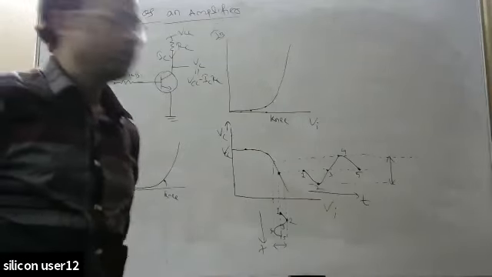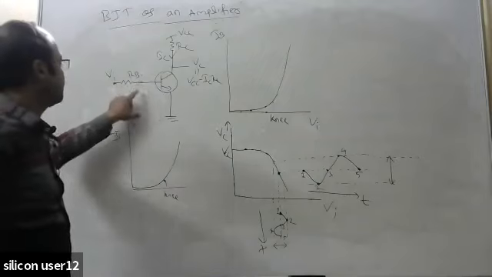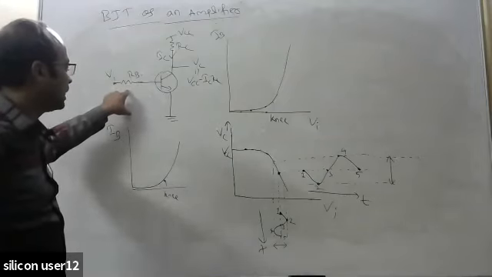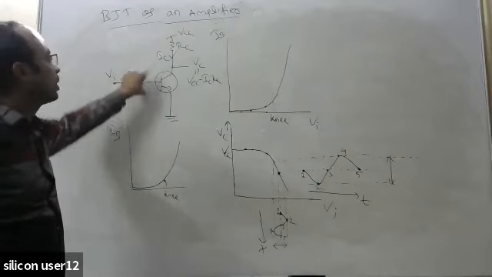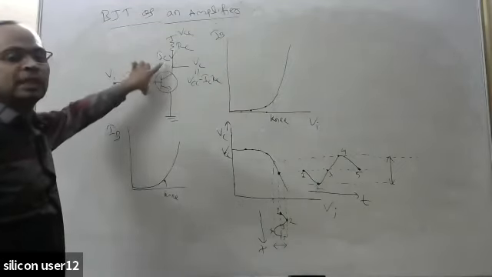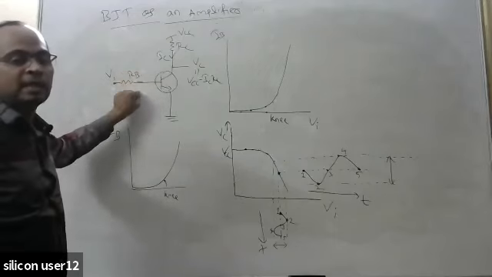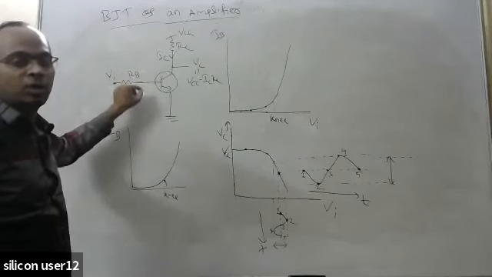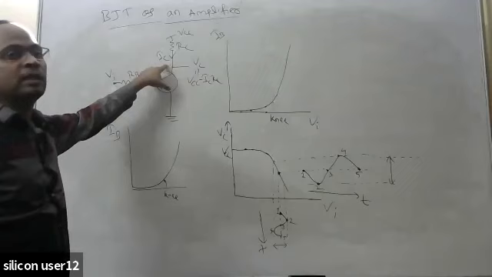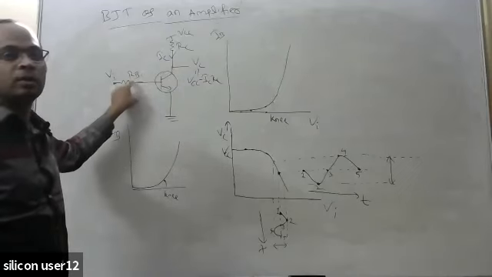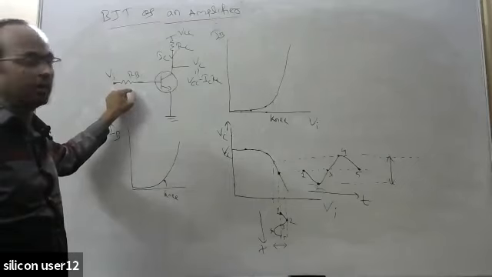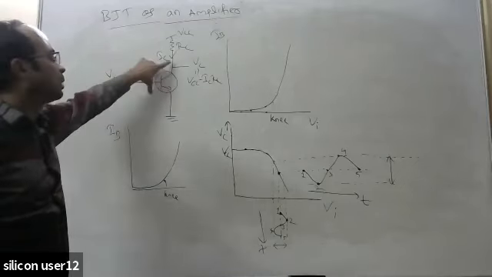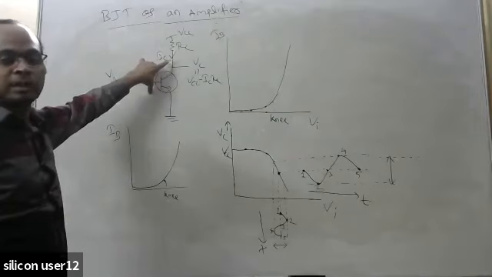Understood? So what basically we are looking at: when the input signal is changing a little bit, the IB is changing a little bit, but IC equals beta times IB. Suppose IC is changing small, but IC is actually 100 times IB. So here suppose a 1 microampere change happened in the base current, then there will be a 100 microampere change in IC.